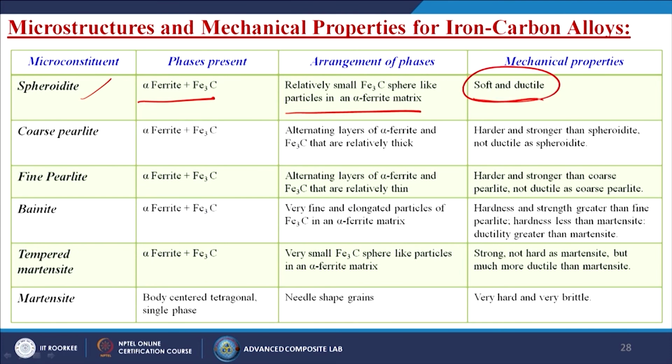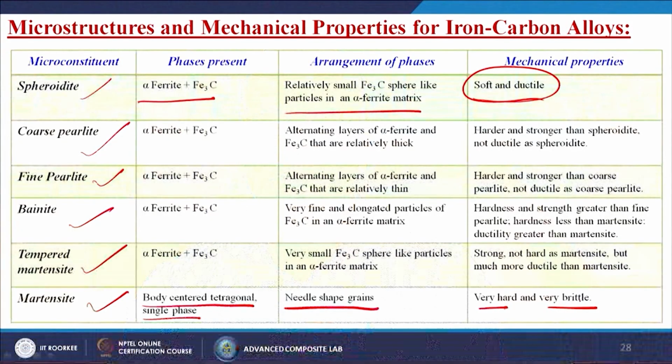In this way we have summarized spheroidite, coarse pearlite, fine pearlite, bainite, tempered martensite and martensite. Martensite has a body centered tetragonal BCT structure, it is single phase, and generally shows needle shaped grains. It is very hard and very brittle, while tempered martensite differs from the normal martensite.